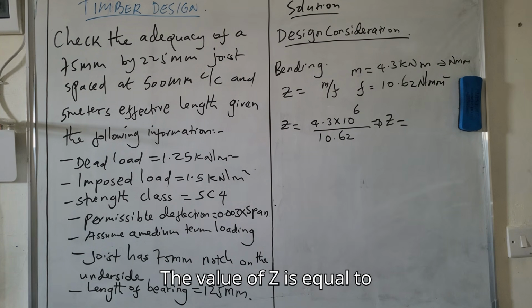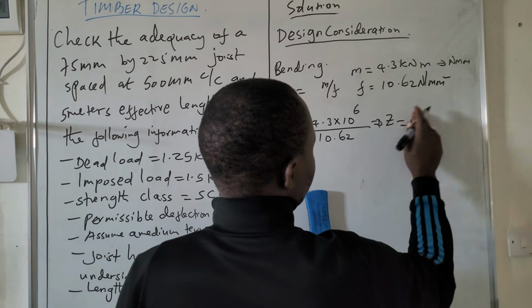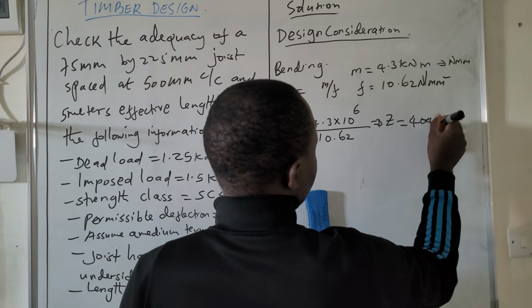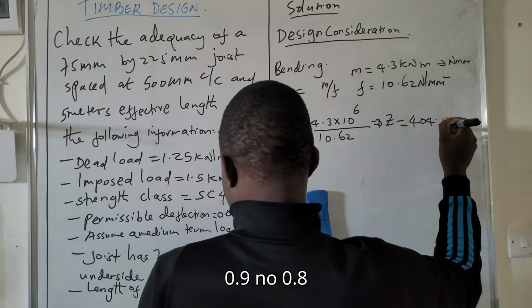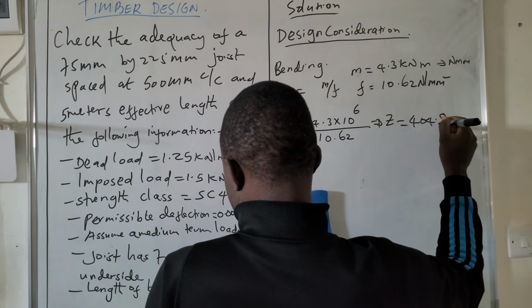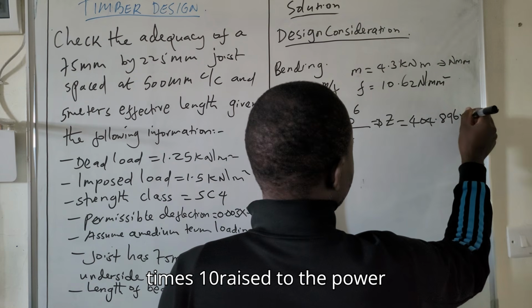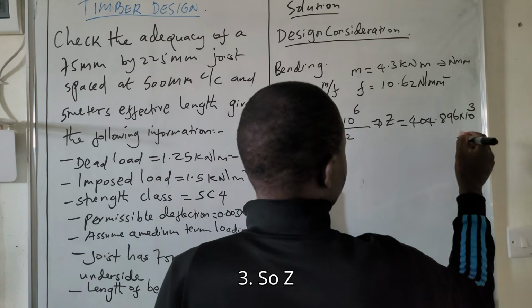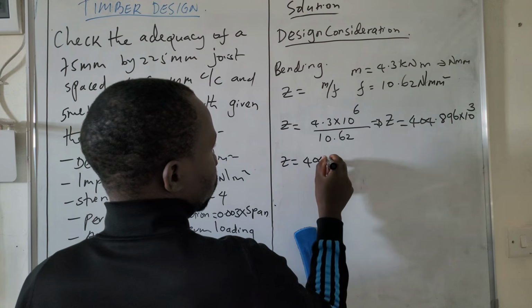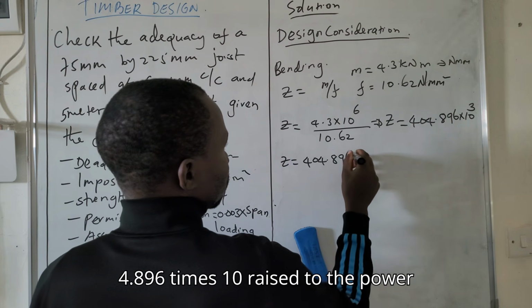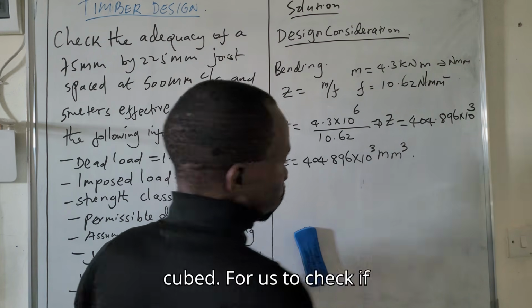The value of Z is equal to 4.896 times 10 raised power 3 millimeter cubed.